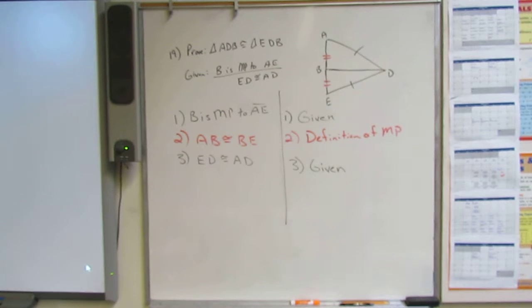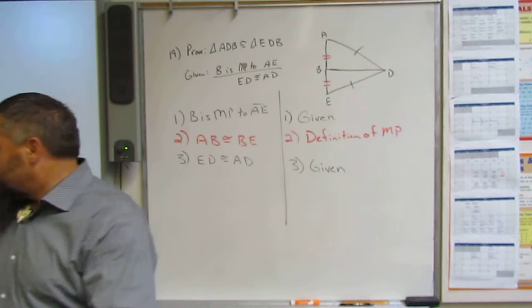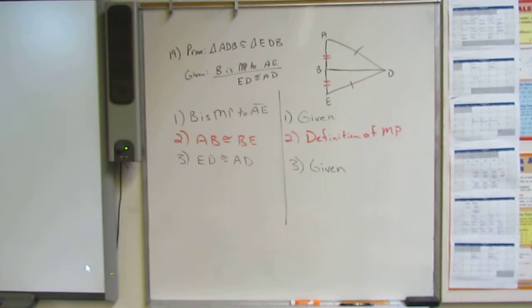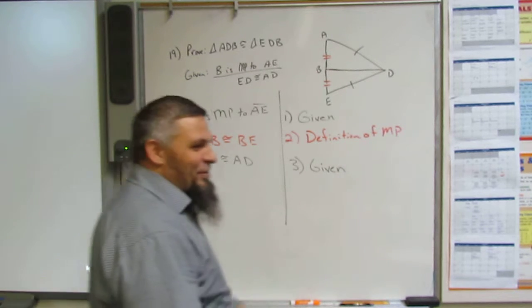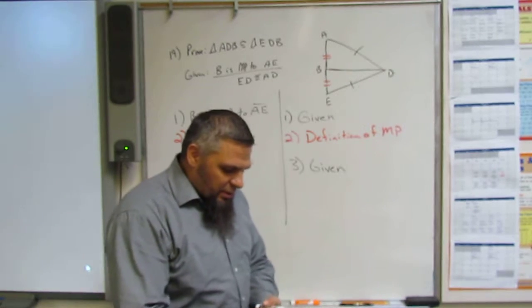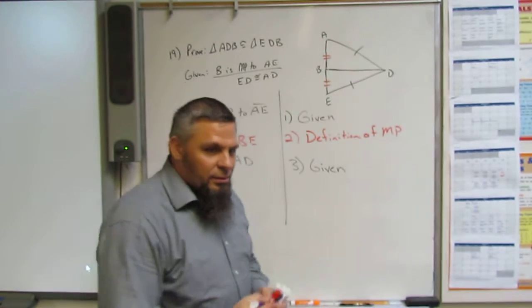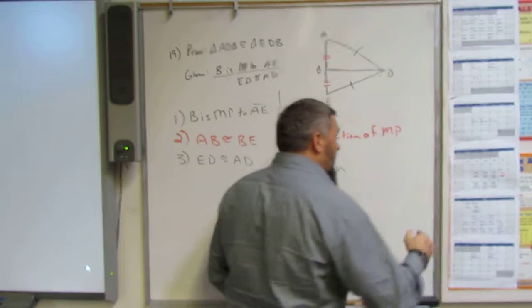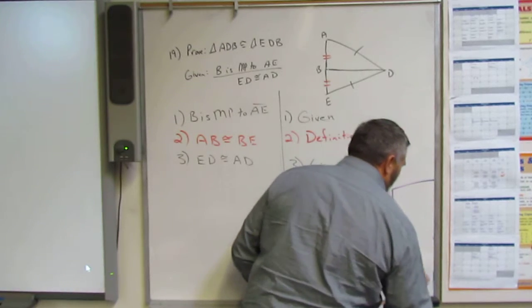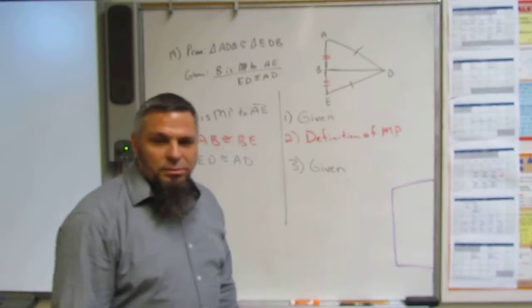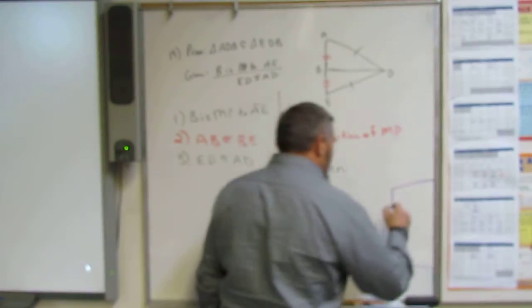All right, so what else do we need? Remember, we're trying to prove they're congruent. Do we remember all the 5 congruent pieces? Because last period, we went over them all. Over here, if you want to take a look. So what are our rules? Side, side, side.